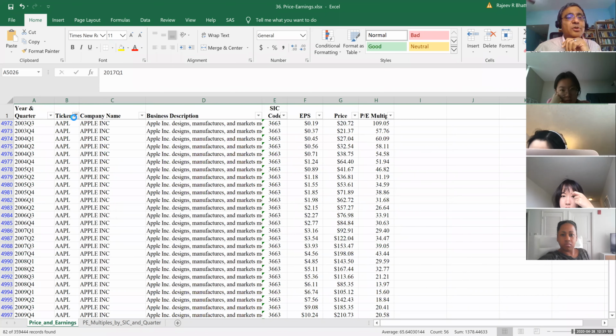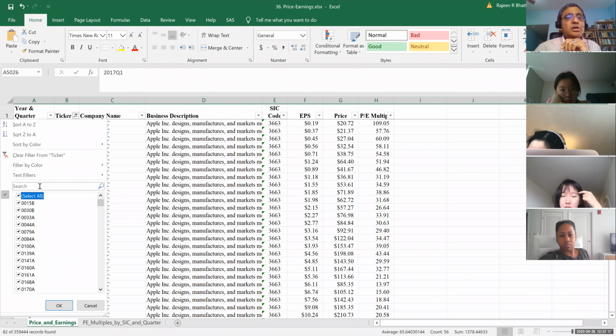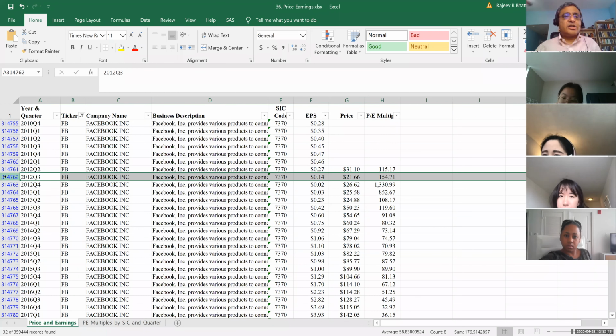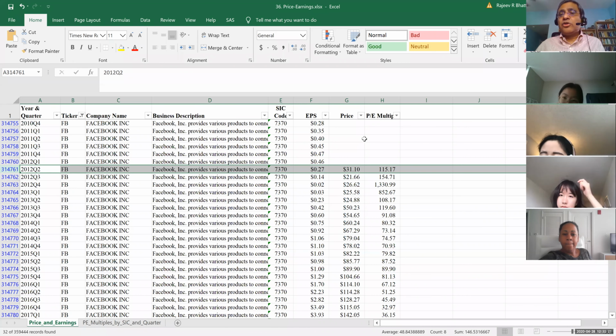Let's look at just a couple more firms and we'll move on. Let's look at Facebook. All right, Facebook wasn't publicly traded until 2012, quarter two. So no wonder we don't have these price numbers, because there were no prices.